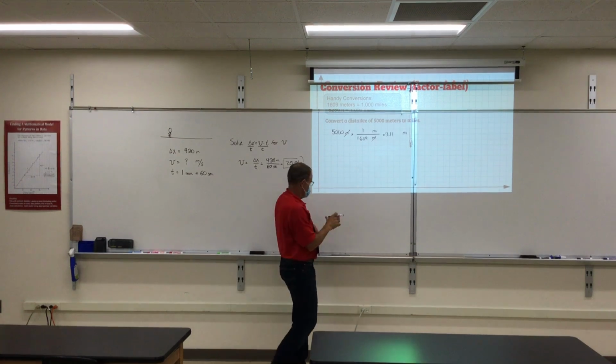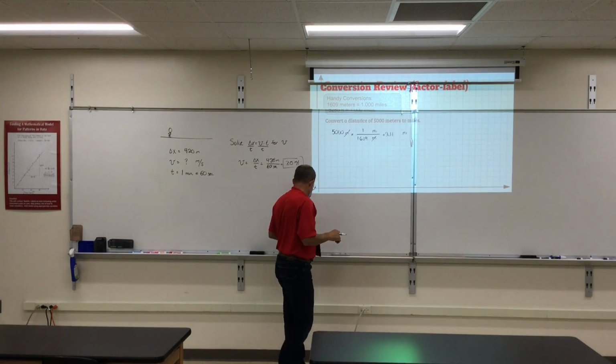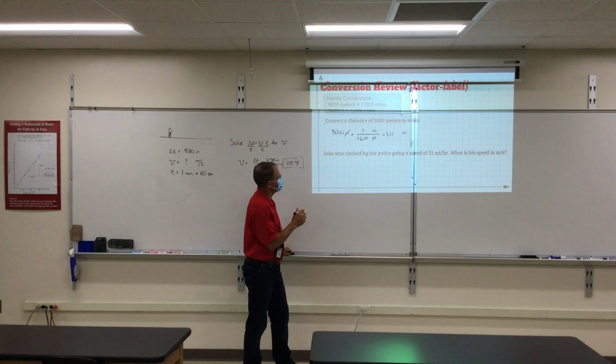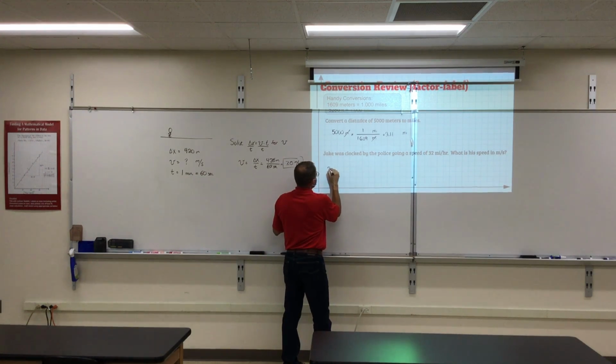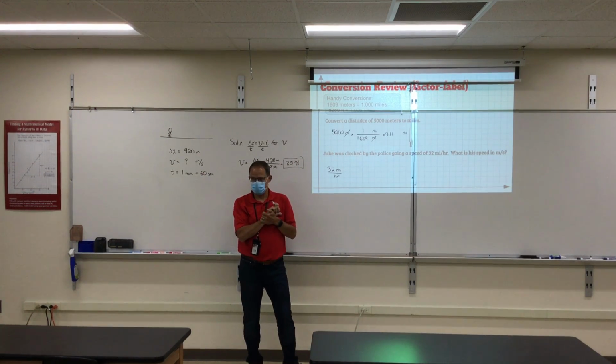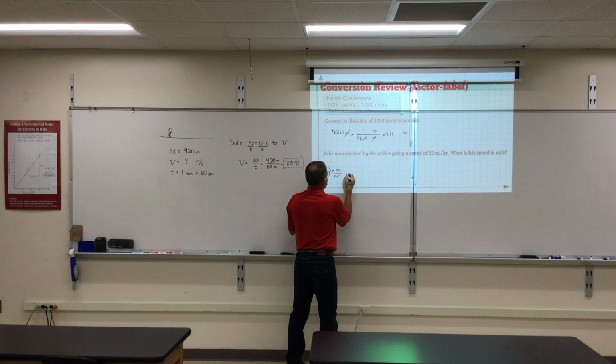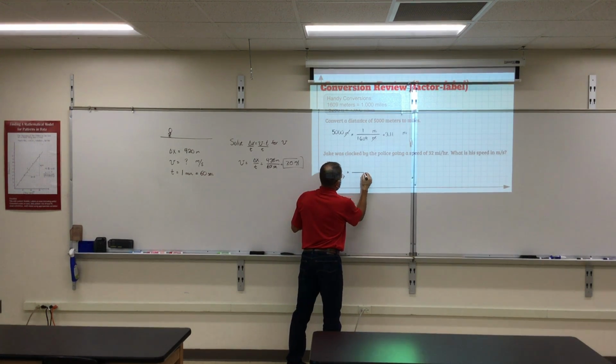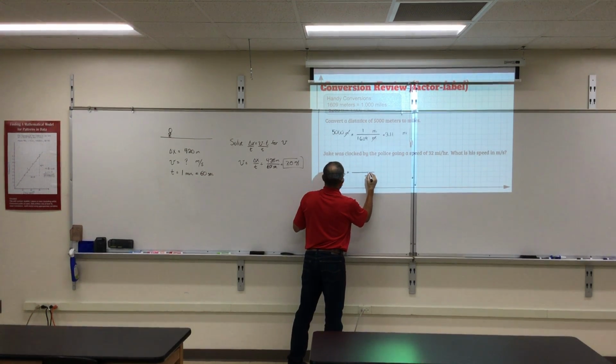Okay? Now let's do one that's slightly more complicated. That was a little easy. What if we're going 32 miles per hour? How fast is that in meters per second? Okay? 32 miles an hour. So we've got to get rid of the miles and get meters.